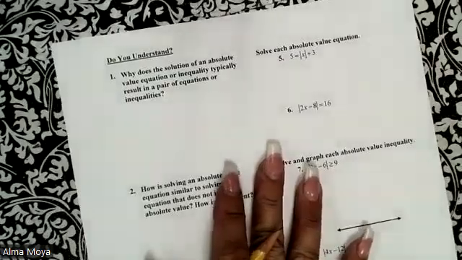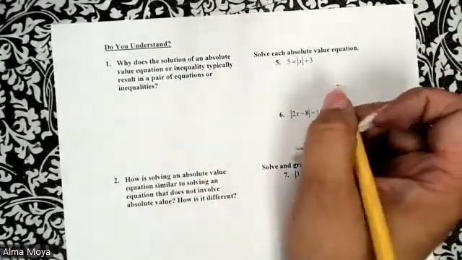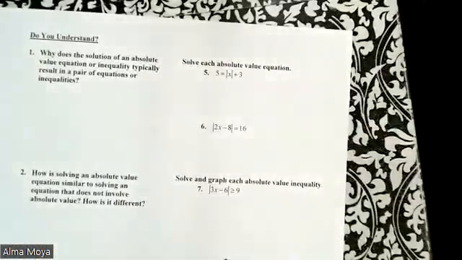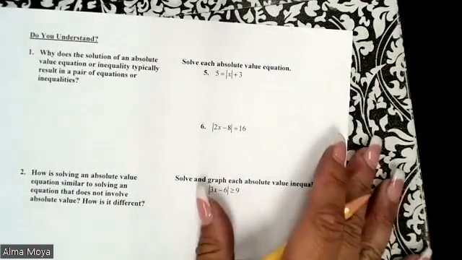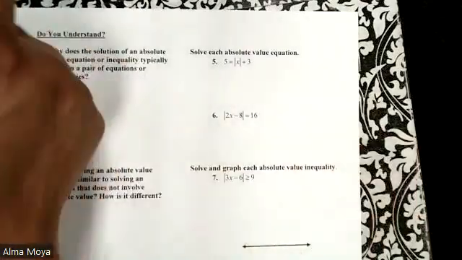All right, last page. Why does the solution of an absolute value equation or inequality typically result in a pair of equations or inequalities?